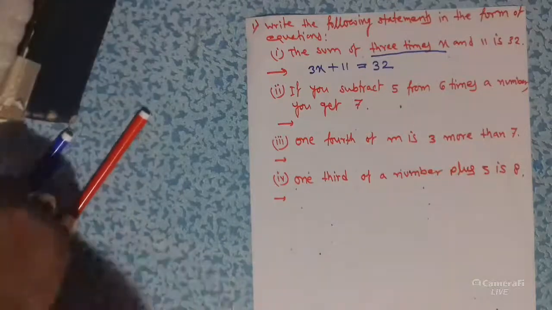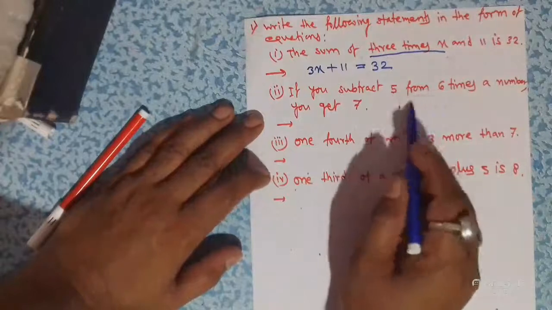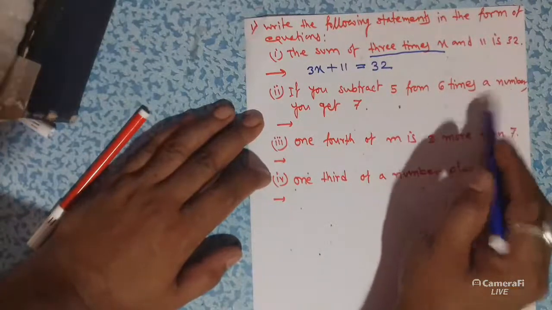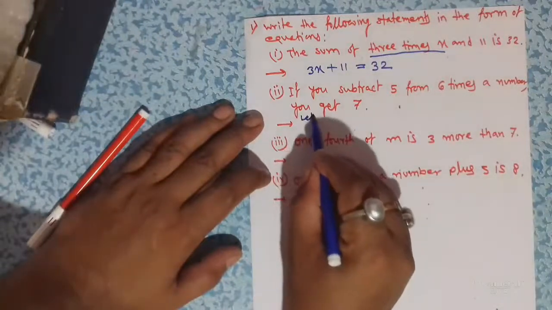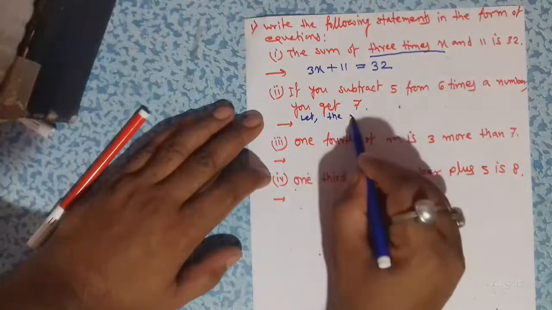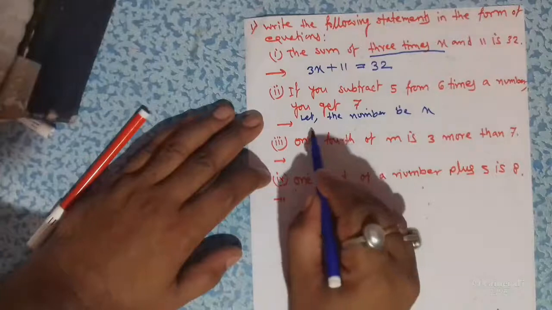Okay, so I am solving the second one. Subtract 5 from 6 times a number. Let the number be x.